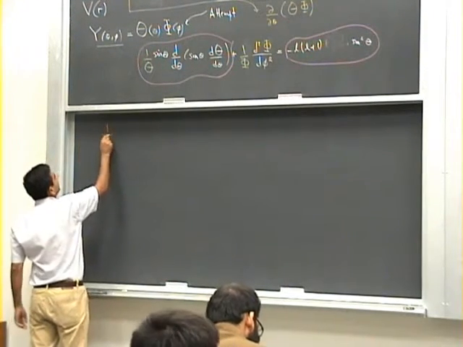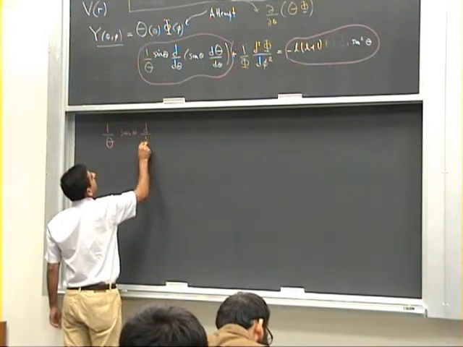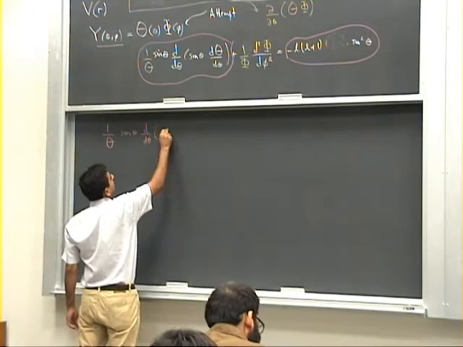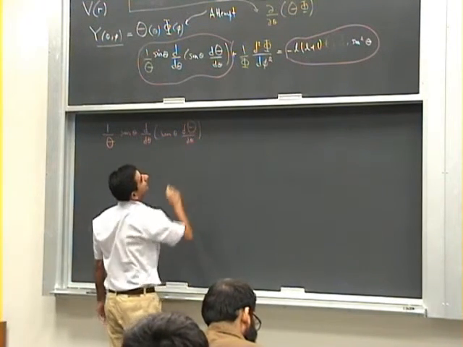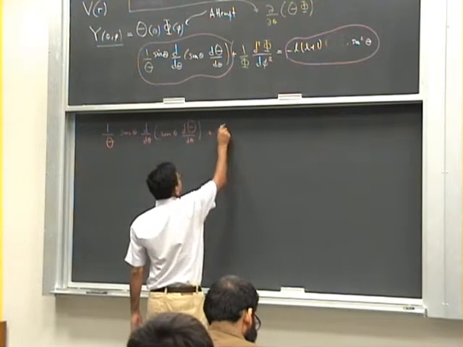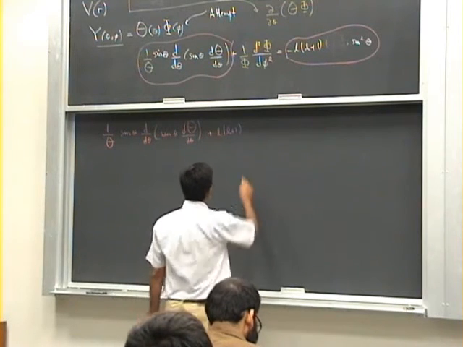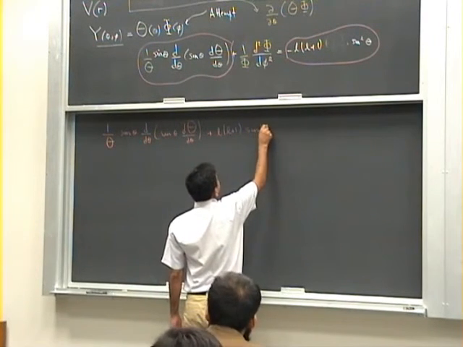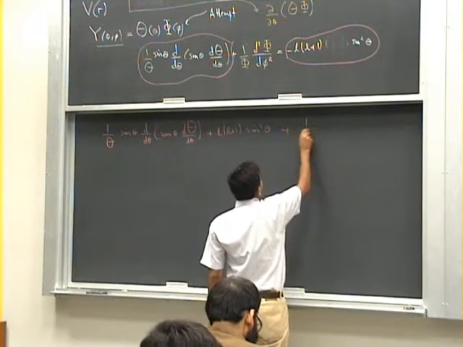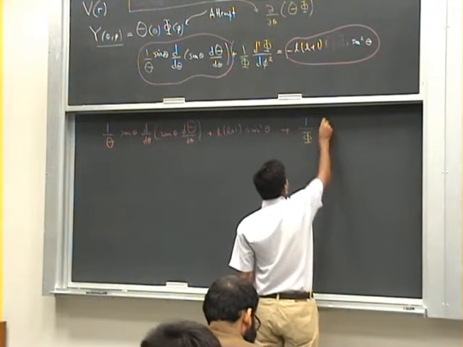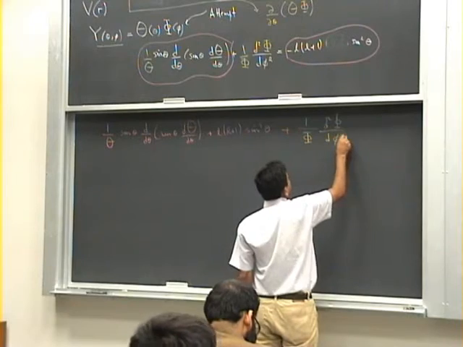One over capital Theta sin theta, d by d theta, sin theta, d capital Theta over d theta, plus L(L plus 1) sin squared theta, plus 1 over capital Phi, d squared capital Phi by d phi squared, equals 0.